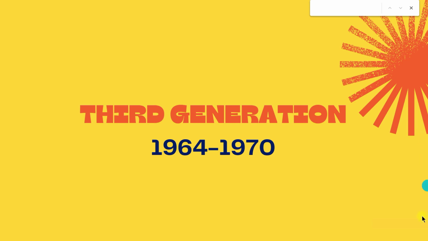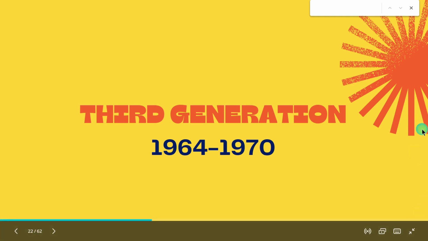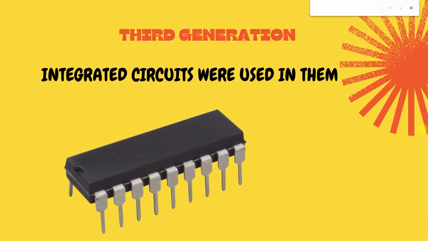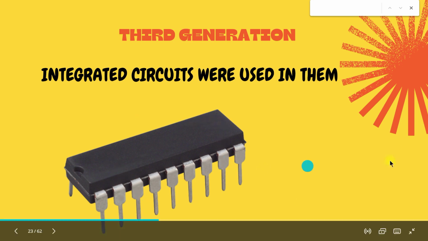Third generation computers. The third generation appeared in the form of integrated circuits during the period 1964 to 1970. This is an integrated circuit.